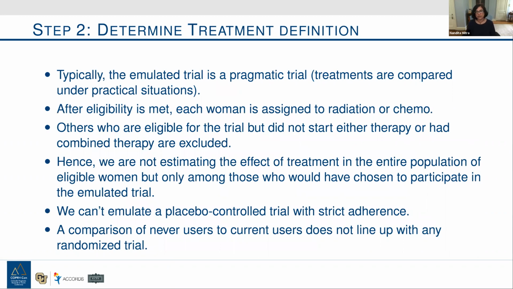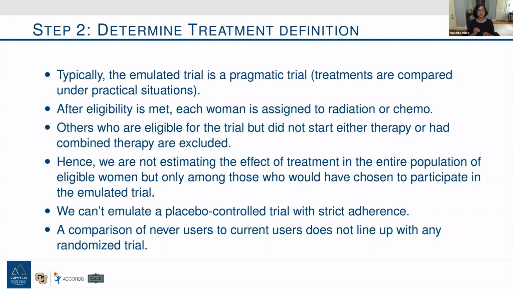We need to determine, of course, the treatment definition. That's step 2. Typically, the trial that we're trying to emulate is a pragmatic trial, in that the treatments are compared under practical situations. In other words, the clinician prescribing and initiating the treatment knows which treatment they're giving, for example.